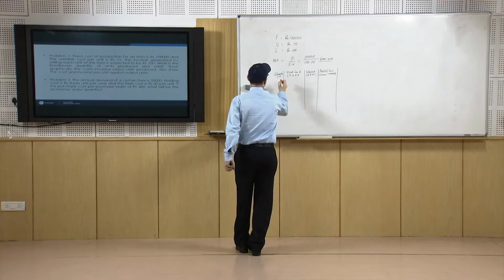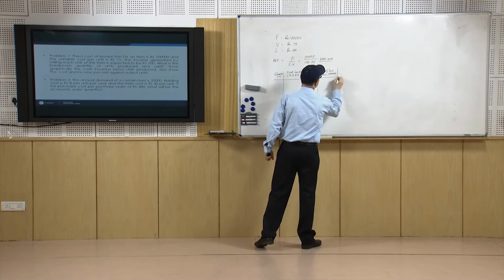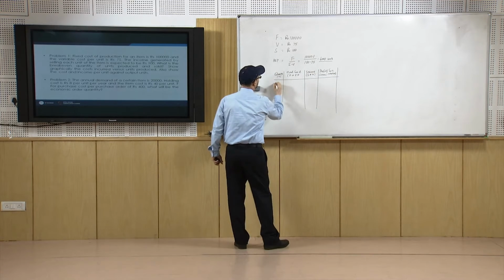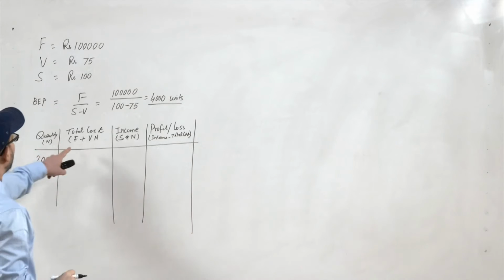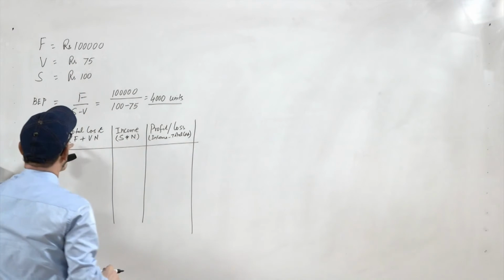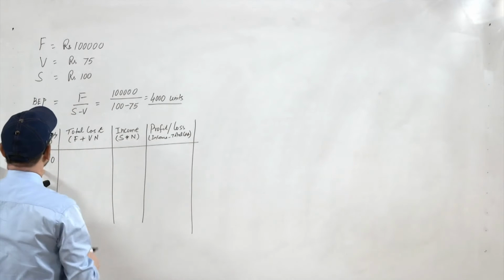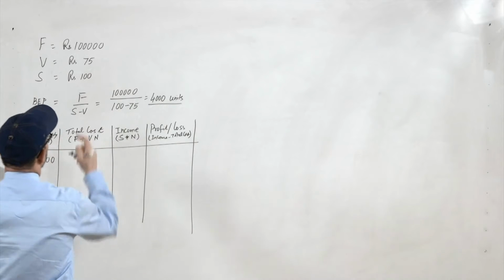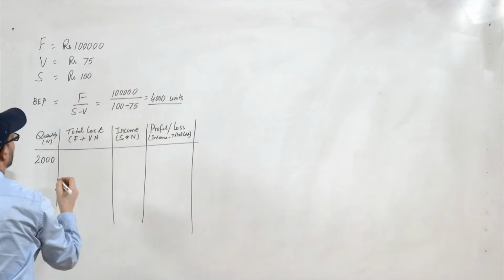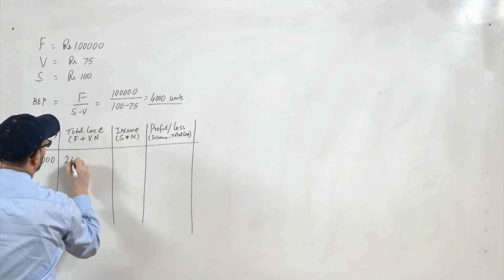So, if we start from 2000 units, F plus Vn, so F is 1 lakh plus 2000 into variable cost 75. So, 1 lakh plus 1 lakh 50,000, it will be 2 lakh 50,000.